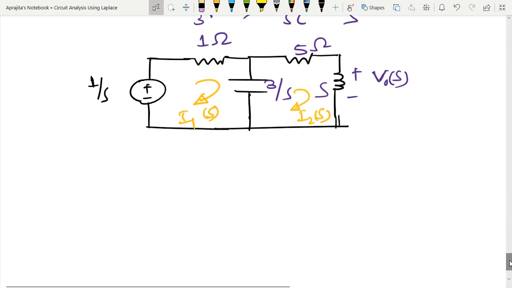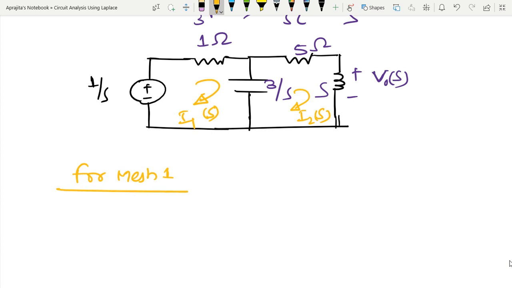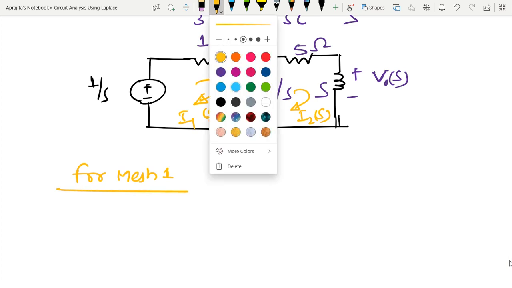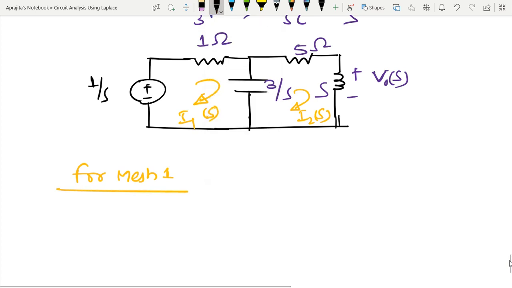Now I am just going to write the equation for mesh 1. For mesh 1, you can see that I have 1/s equal to (1 plus 3/s) into I1.